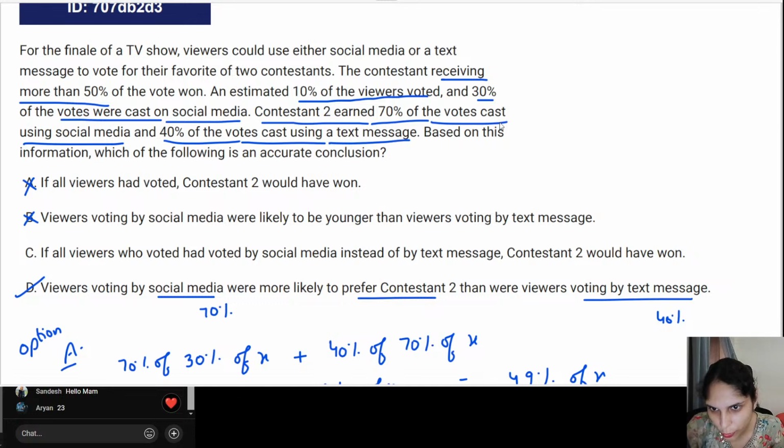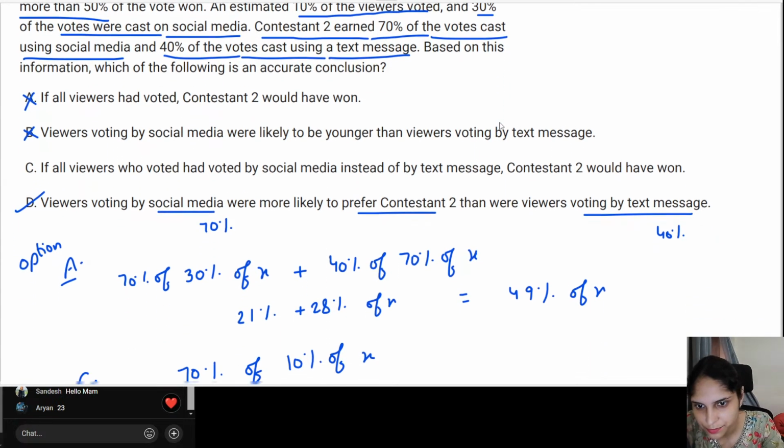If all the viewers who voted had voted by social media instead of by text message, contestant 2 would have won. Yeah, because we do not know about contestant 1, right? We don't know anything about contestant 1, so we cannot say if contestant 2 would have won or not. So yeah, this is option D.